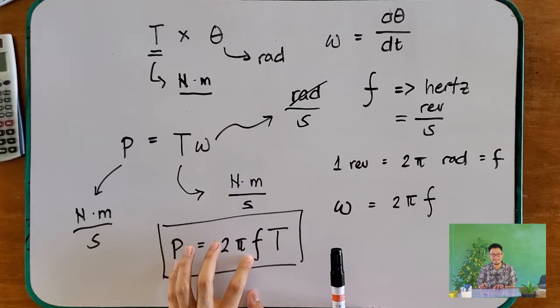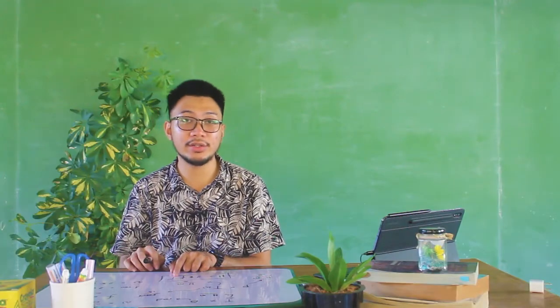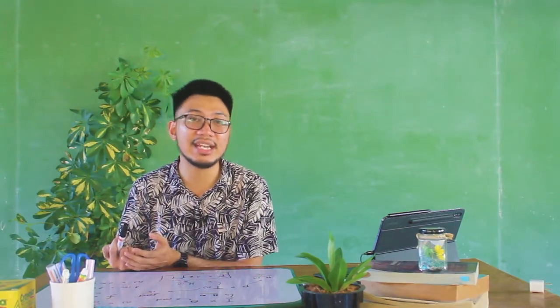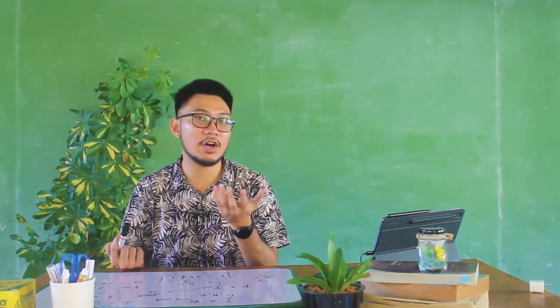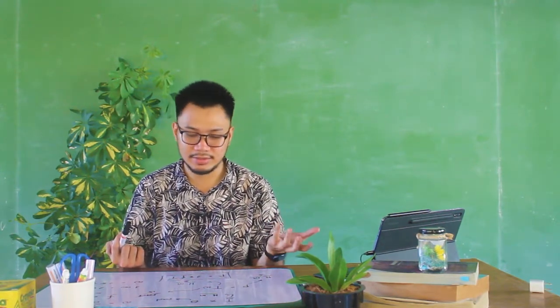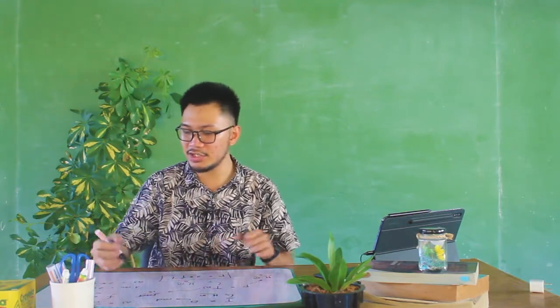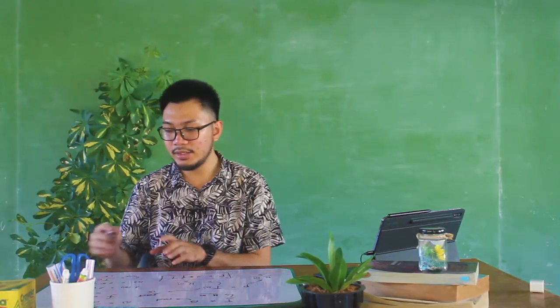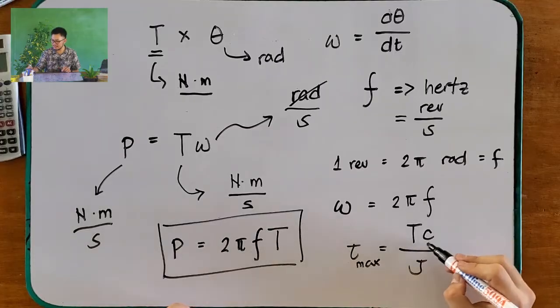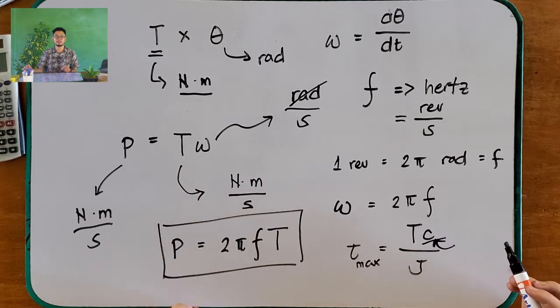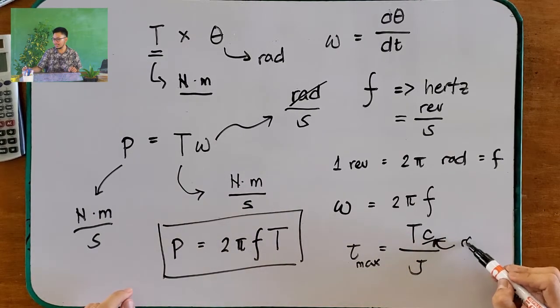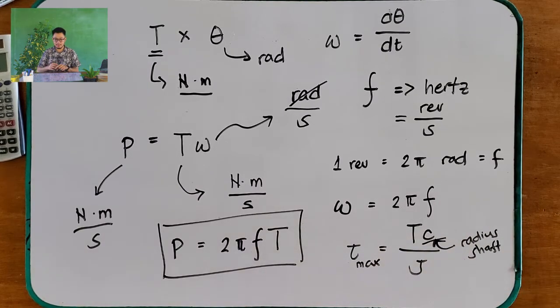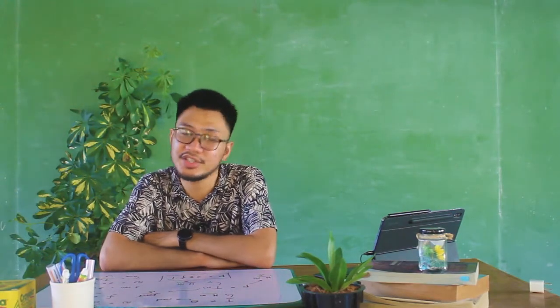So therefore, by that you can solve for T, and when you identified your material and your material has an allowable shear stress, and by using this equation, then you can solve for this C. And that C is now your radius sa imong shaft. And by knowing these values, you can now design your shaft.